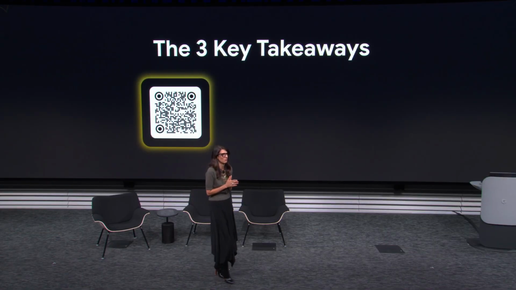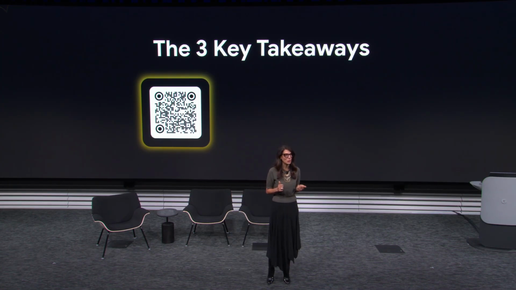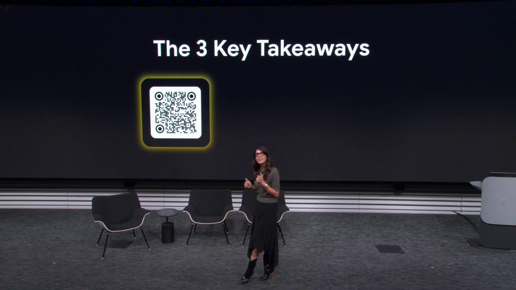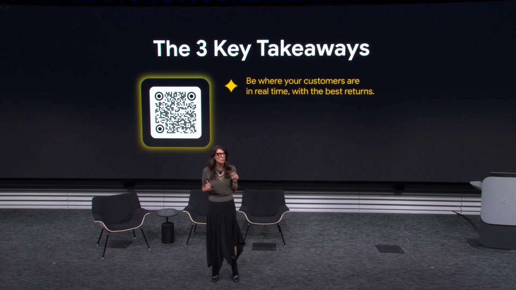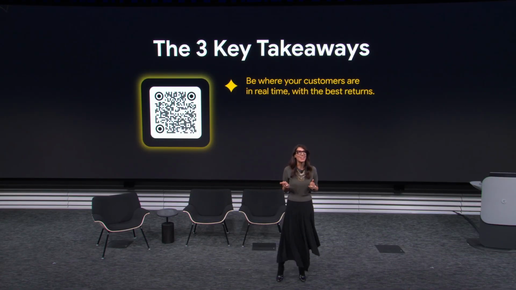First, we talked about the increasingly unpredictable consumer and how they're searching, streaming, and scrolling in totally new ways. The key learning is this: you have to be where your customers are. Only Google and YouTube, with their unrivaled reach, trust, and influence, can help you get customers from discovery to decision faster.